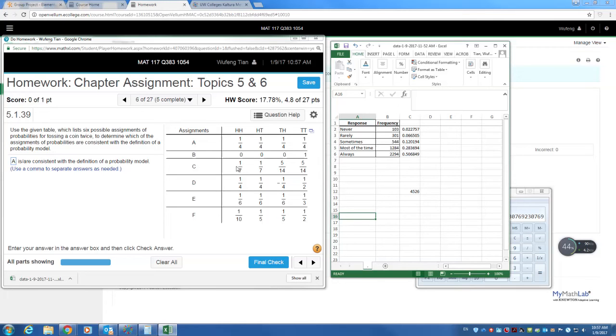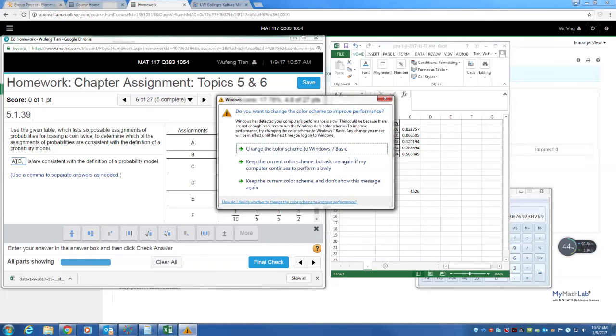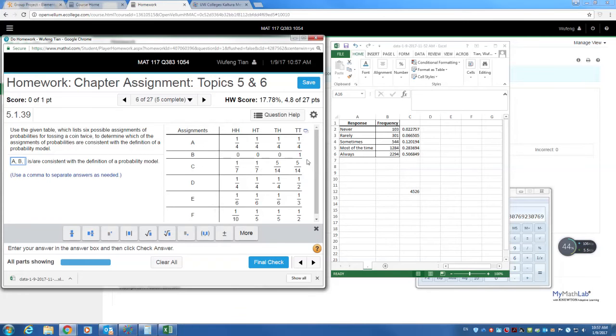So 6 possible assignments, A, B, C, D, E. You add B together and it is 1. C is 1/4, 1/7. So it's 2/14, plus 2/14, plus 5/14, plus 5/14, so it's 14 out of 14, which is 1. That should be right.